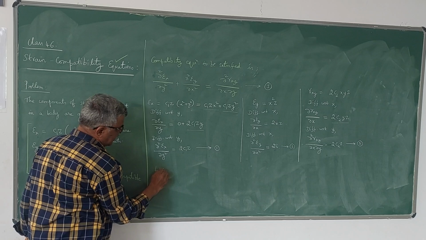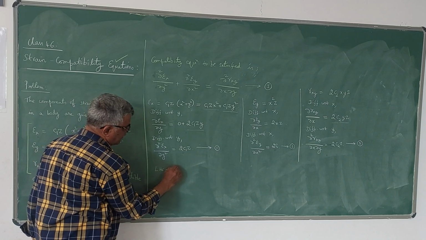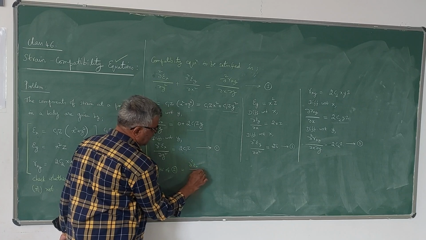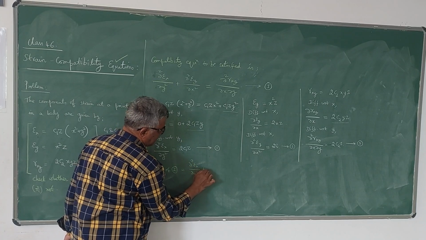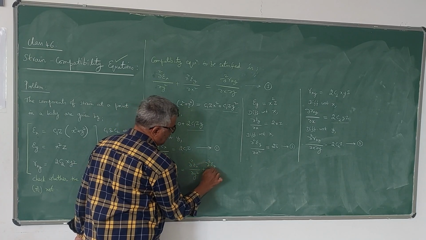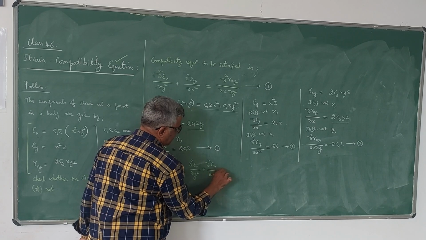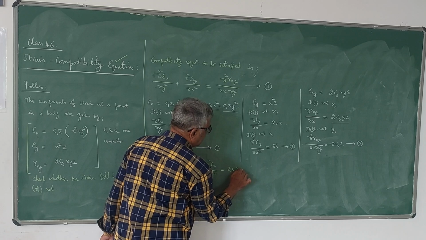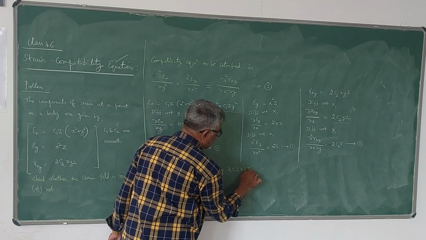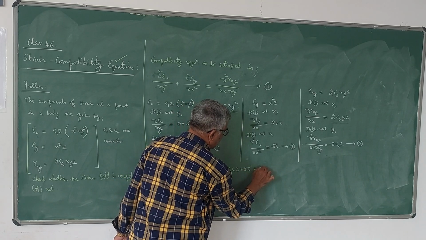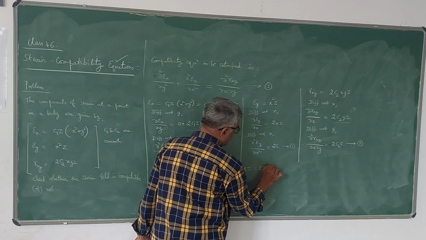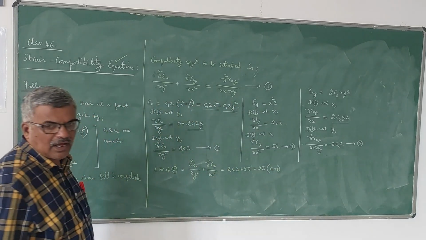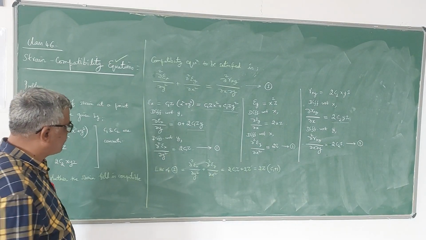Now LHS of 1 is equal to dou square epsilon x by dou y square plus dou square epsilon y by dou x square. Now just substitute that, 2c1z plus 2z. That is, you can get 2z into c1 plus 1. This is what you get. Correct? LHS of 1.